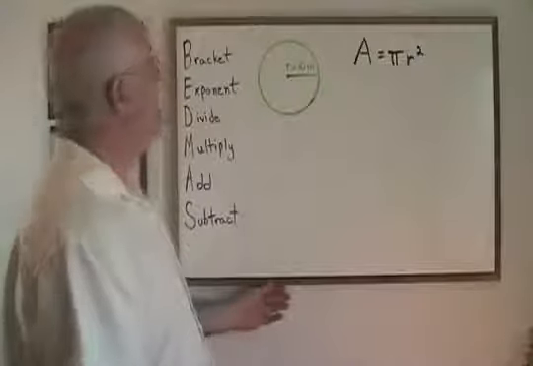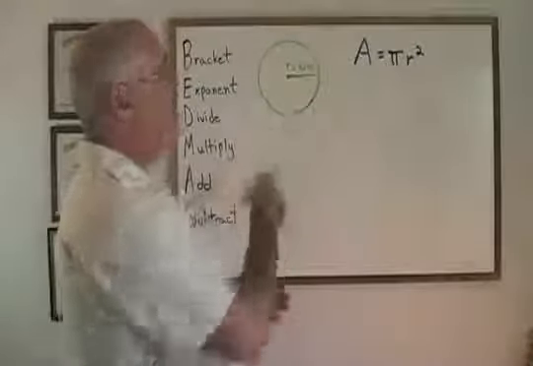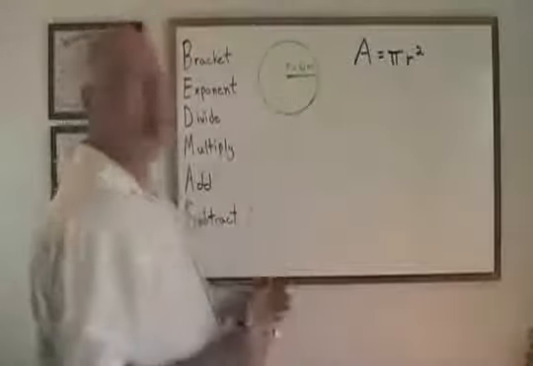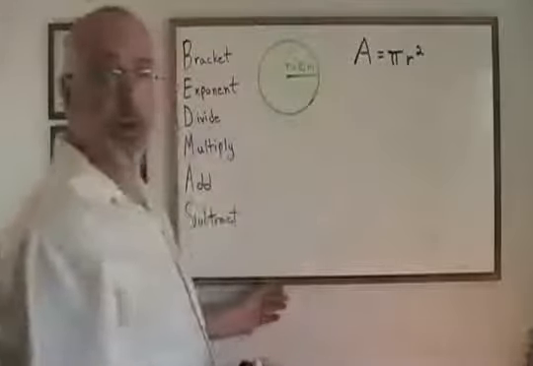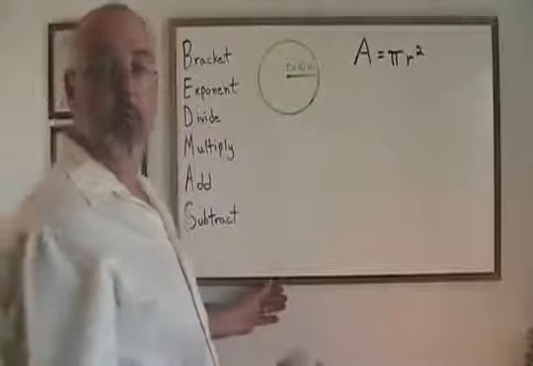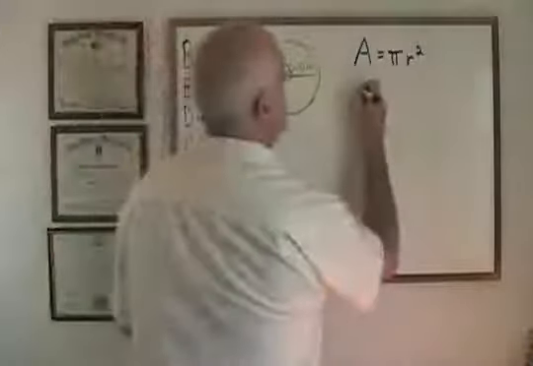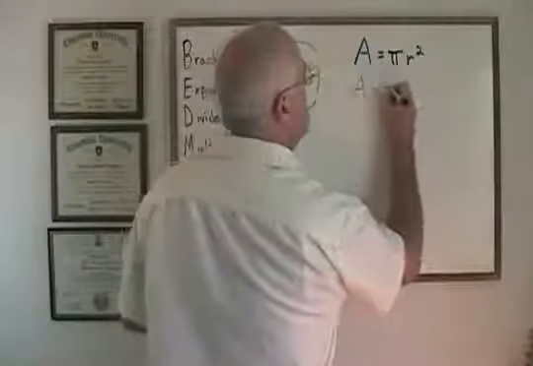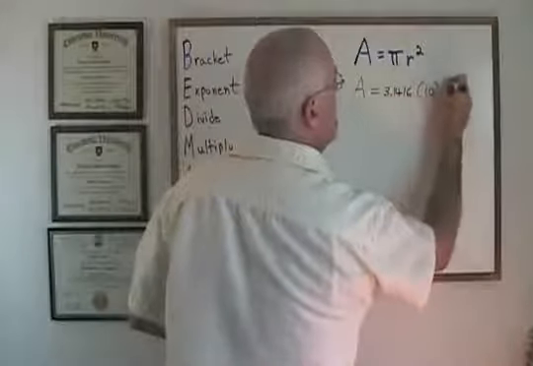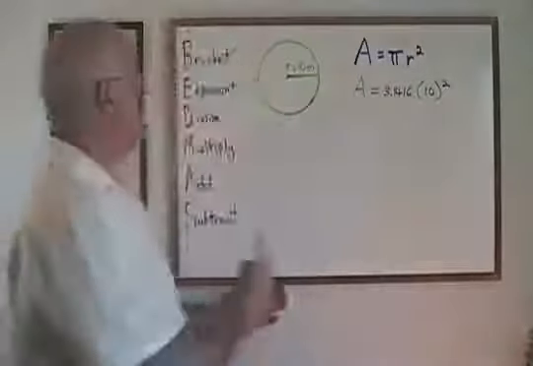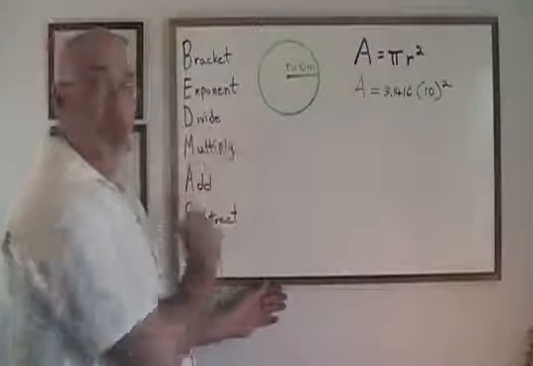In this example, I'm looking for the area of this circle, which has a radius of 10 meters. The area formula is area equals pi r squared, and we are using 3.1416 for pi. In BEDMAS, exponent happens before multiply.